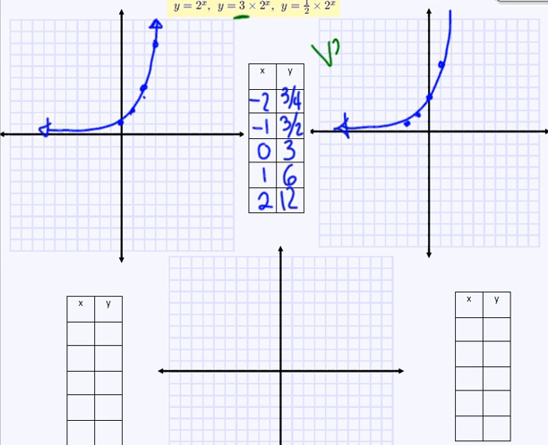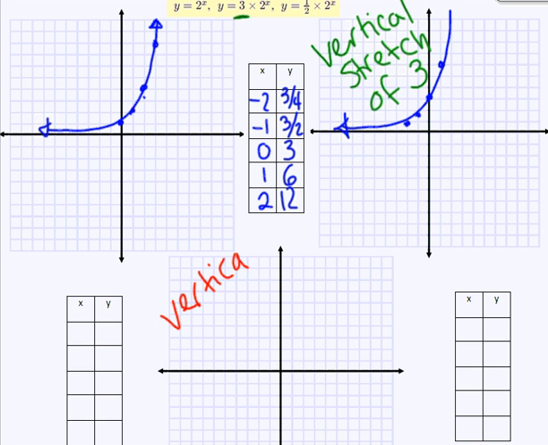So this is a vertical stretch of 3. In y equals 1/2 times 2 to the x, we're doing a vertical compression of 1/2. So that's this equation here.